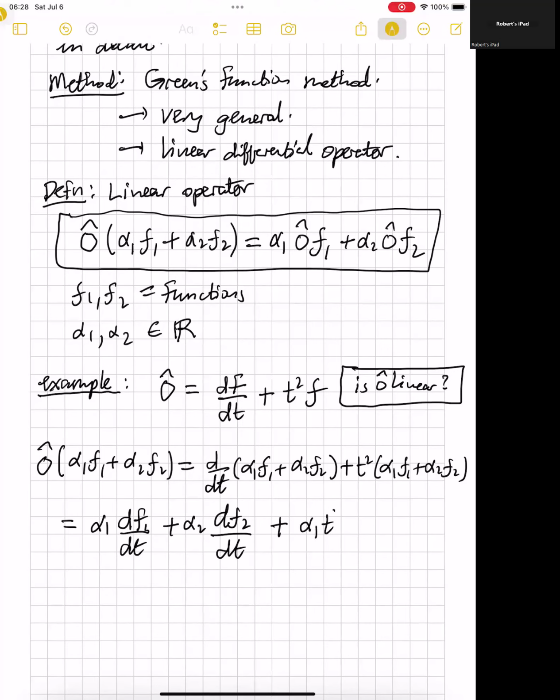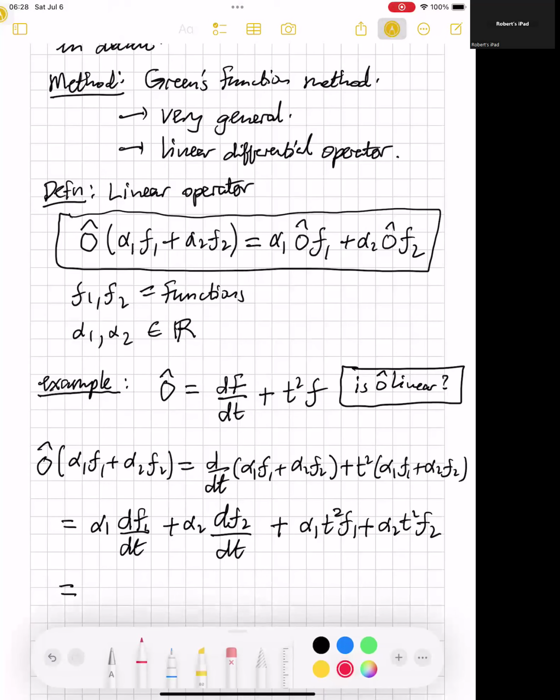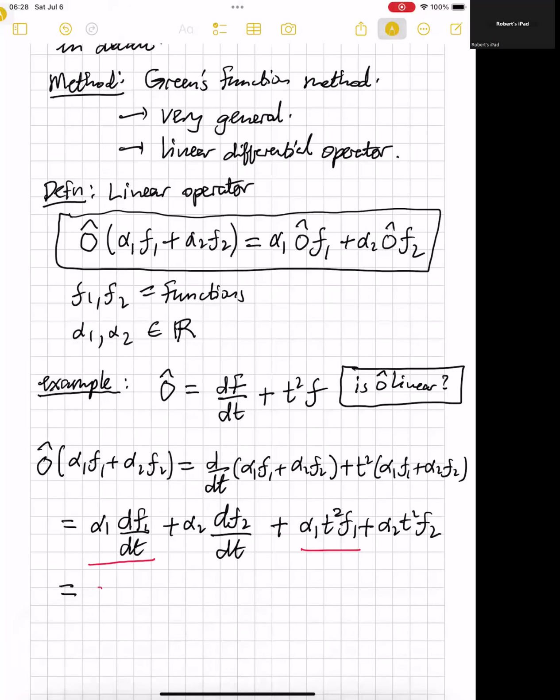We'll just get α₁t²F₁ plus α₂t²F₂. Let's sum these two terms and group them. There's a term with an α₁ and a term with an α₁. If I sum these two terms, let me take out the α₁. I'll have dF₁/dt plus t²F₁.